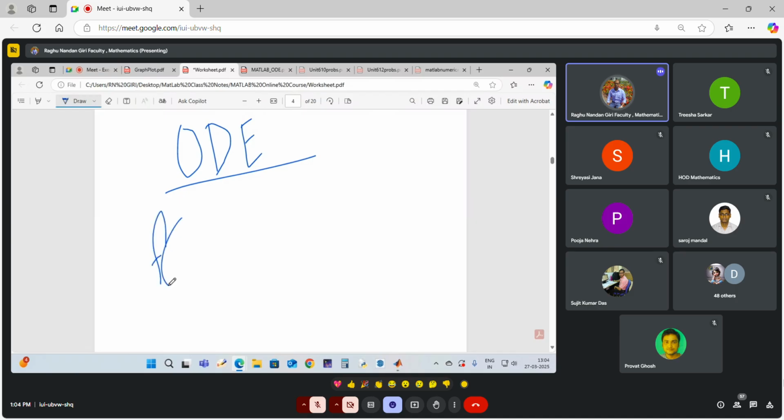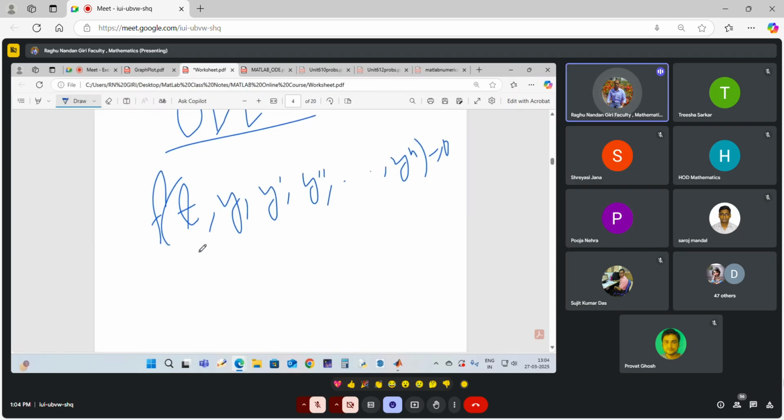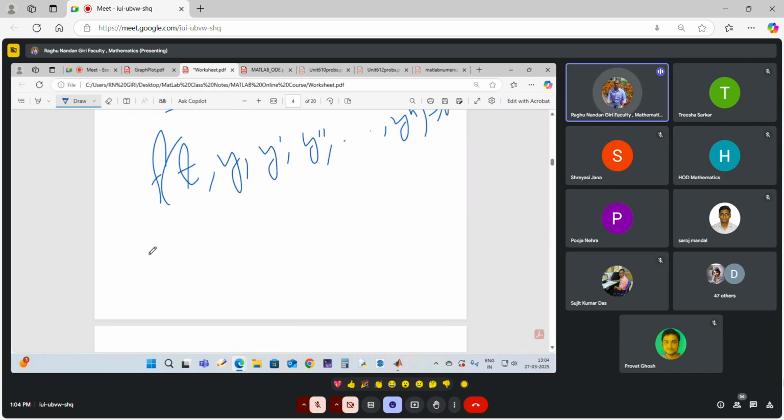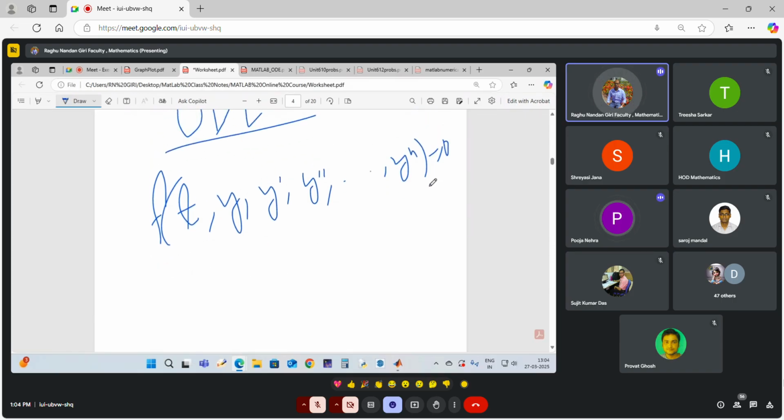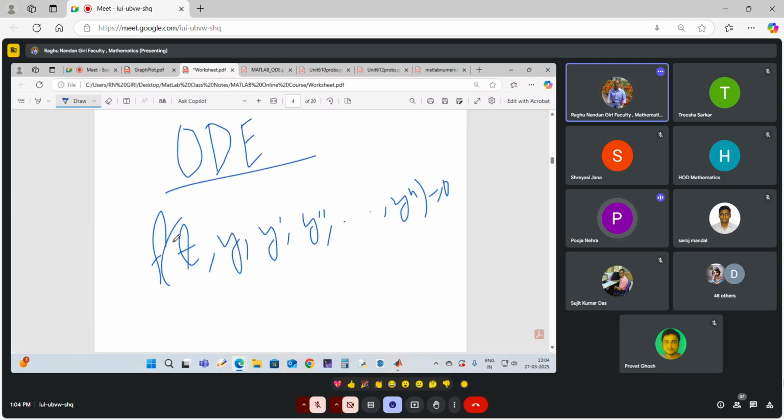Suppose it is a function of independent variable t, dependent variable y, and its derivatives y dash, y double dash, up to the nth derivative, equal to 0. We also know that if there are n initial or boundary conditions, then we get the exact solution.